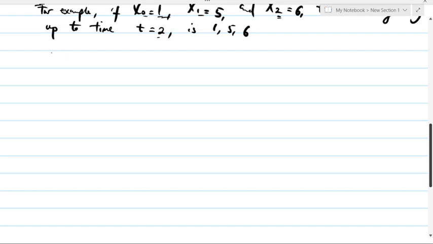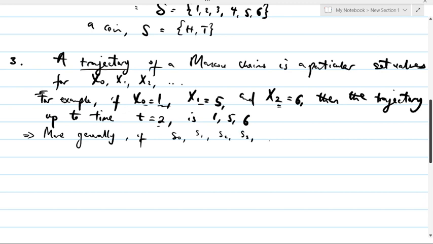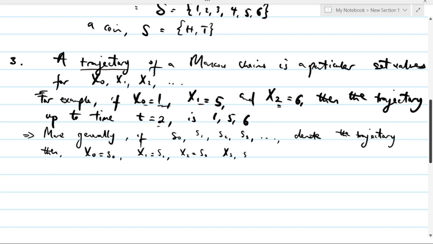So more generally, if x0, x1, x2, x3 denotes the trajectory, then we can have x0 to be x0, x1 to be x1, x2 to be x2, x3 to be x3, and so on.